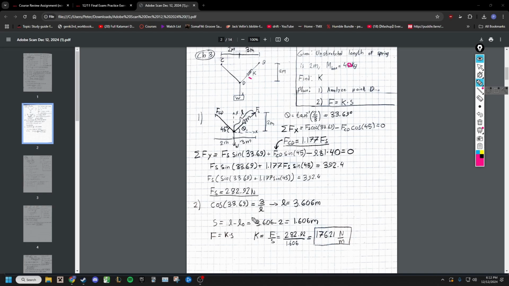Then we find the separation of the spring from its stable equilibrium, which would be 2 meters, by subtracting that from the stretch length. And from that, we get 1.606 meters.